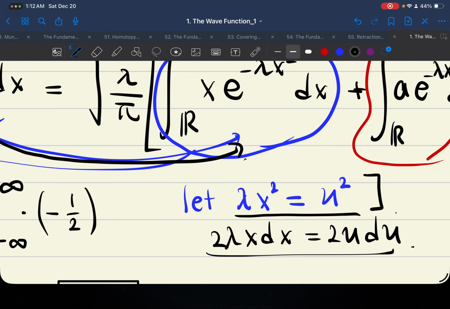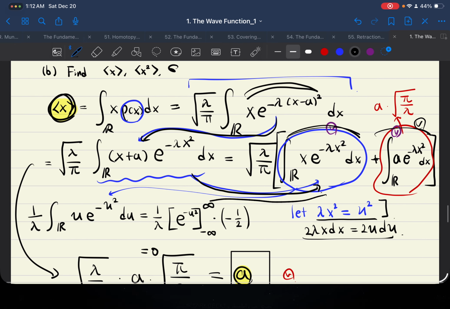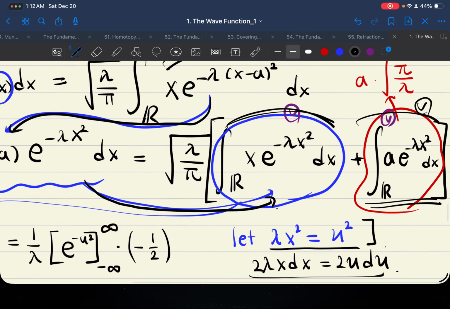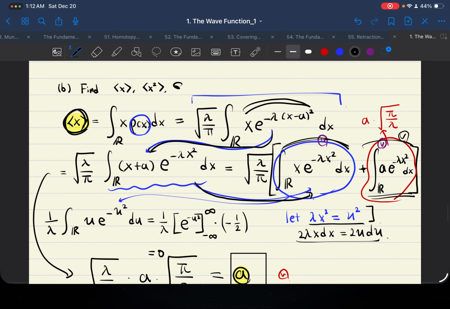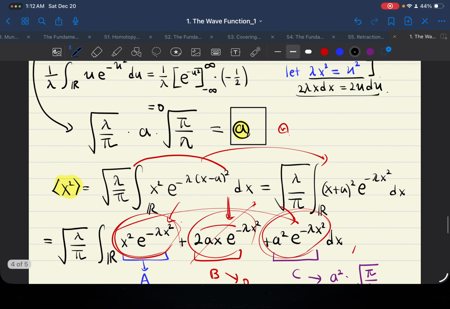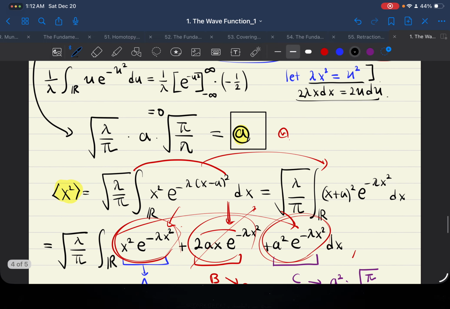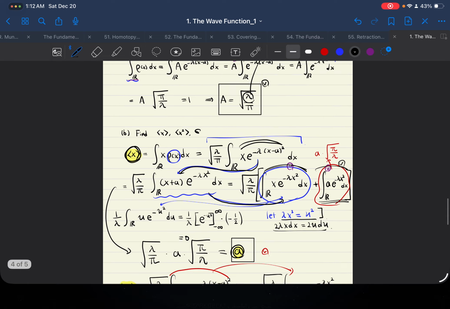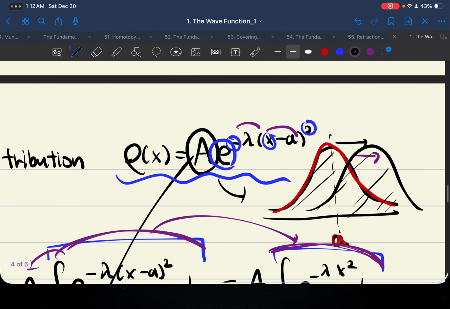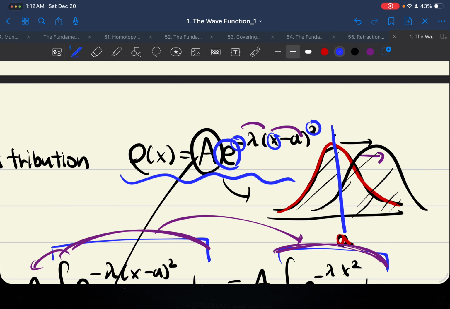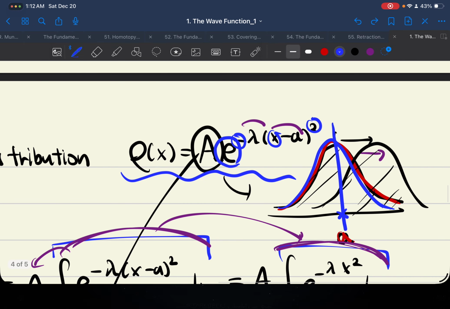We get this, and the next procedure is very simple. The second part is just the Gaussian integration. So we get the expectation value of x is a, and this is very intuitive. Why? The expectation value of x is just the position which gives the maximum value.